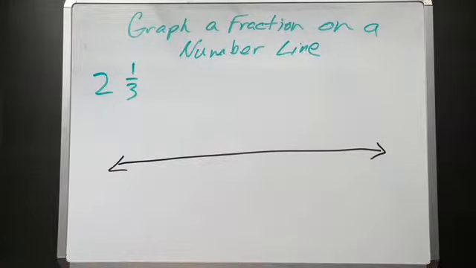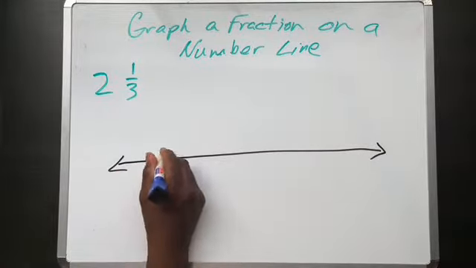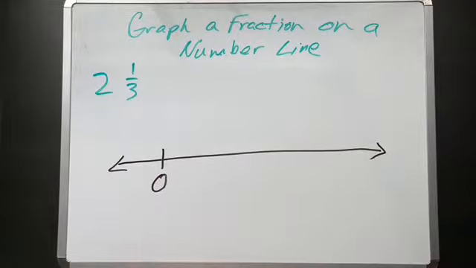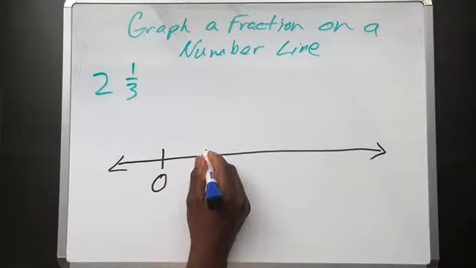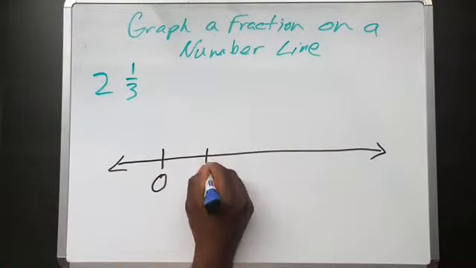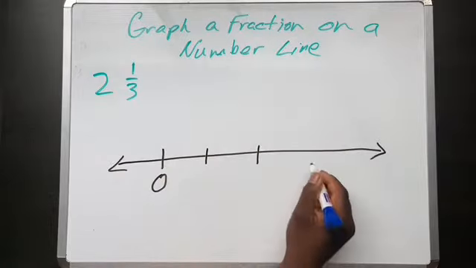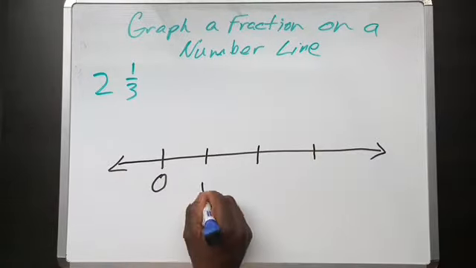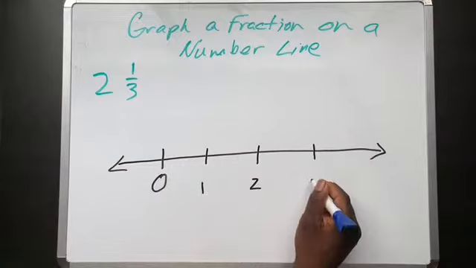Okay. I'm going to identify 0 over here because this is a positive number, not a negative number. And first I'm going to write the whole numbers equally spaced apart. Say 1, 2, 3.